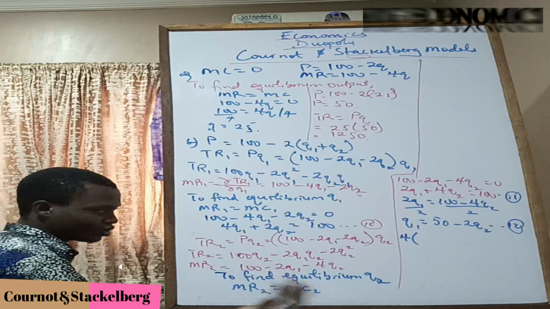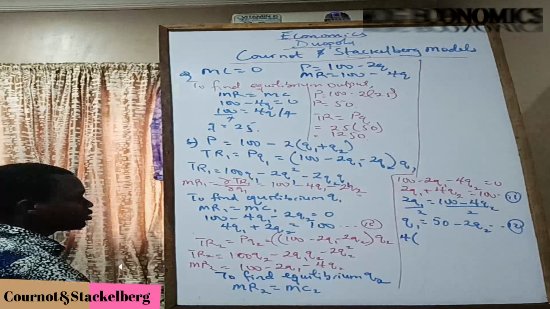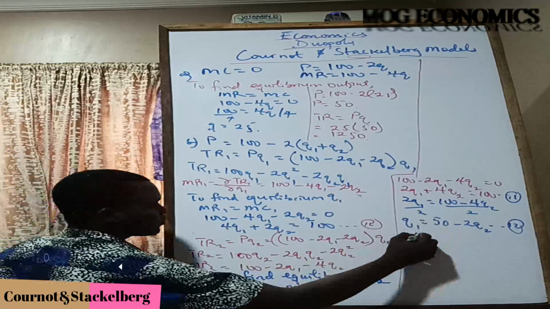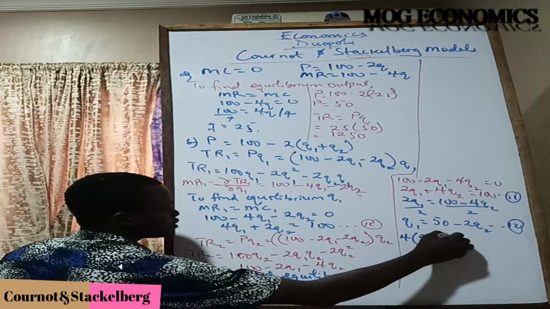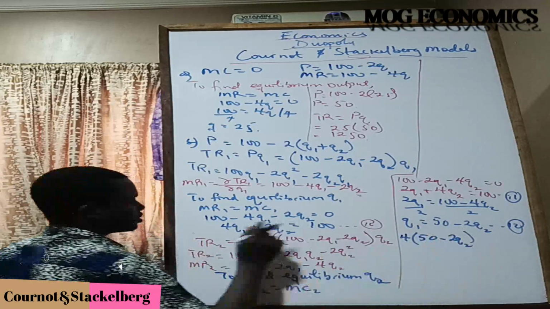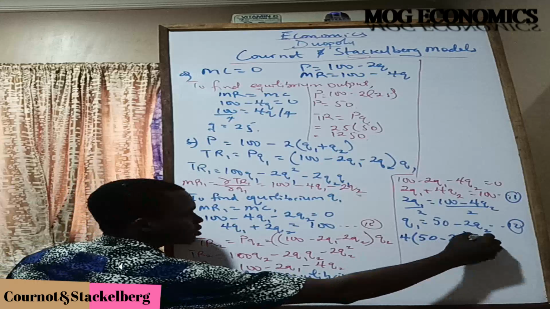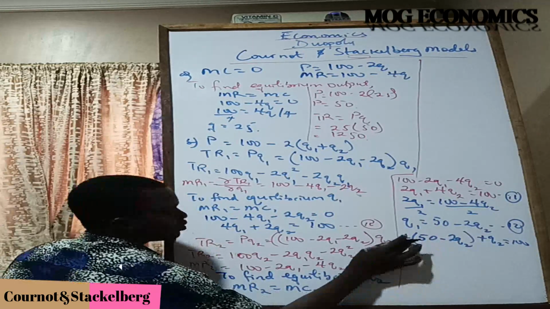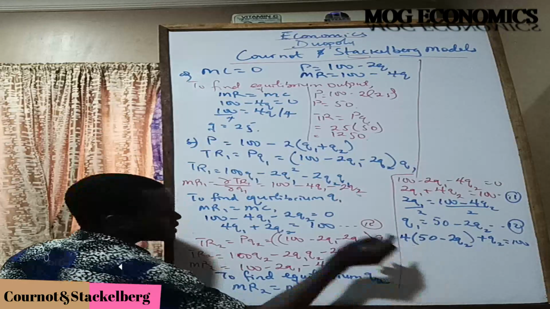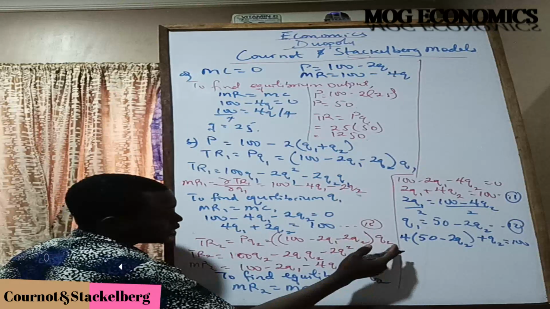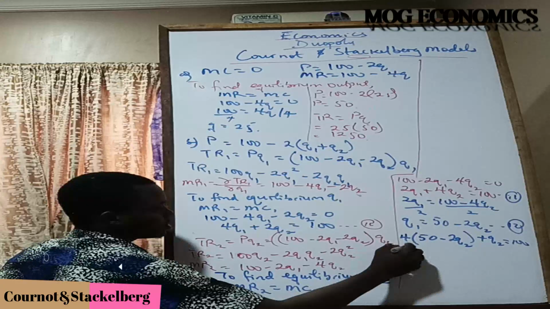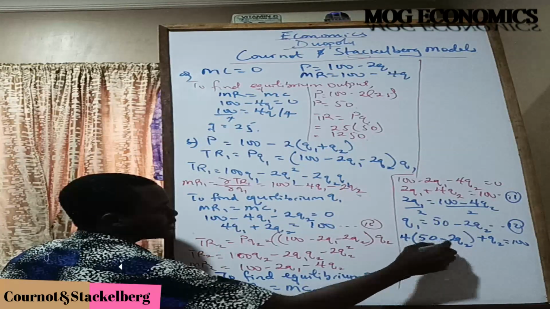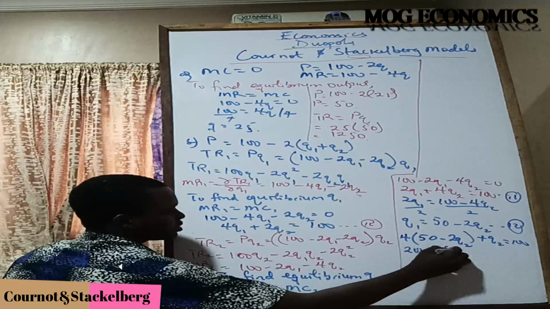So 4 then, Q1 is 50 minus 2Q2, plus Q2 equals 100. So 4 times 50 is 200, and 4 times minus 2Q2 is minus 8Q2.